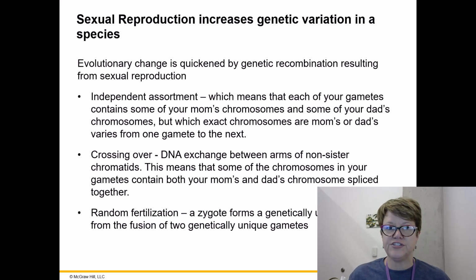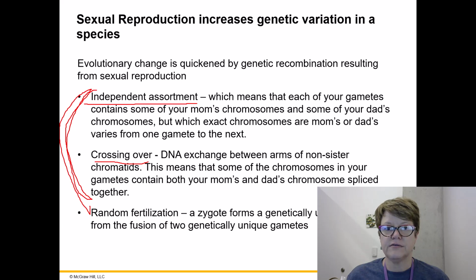It increases genetic variation in the species. Meiosis has 2 mechanisms that generate increased genetic variation. One is called independent assortment, and one is crossing over. These 2 are both meiotic, or cell division related, aspects. And then we'll talk about random fertilization last.